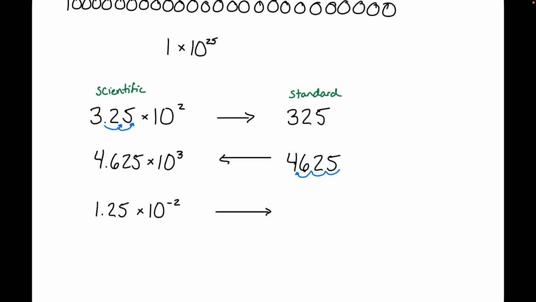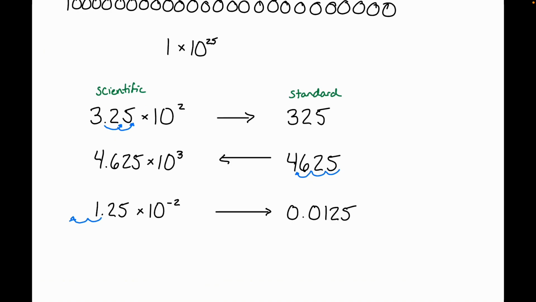All right, again, I'm going to bounce my decimal point here. But 10 to the negative 2, is that a big number or a little number? That's a little number. So I'm going to bounce it the other direction. So at the end of the day, I have a little number. Right? 1, 2 positions here. So this would be the same as 0.0125.